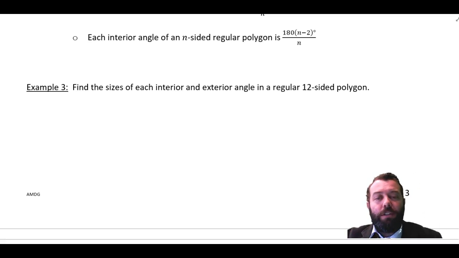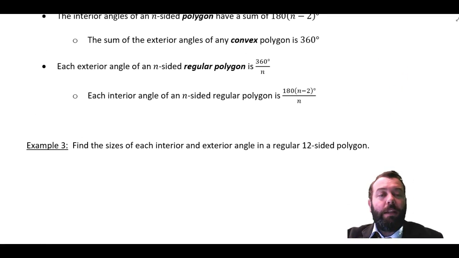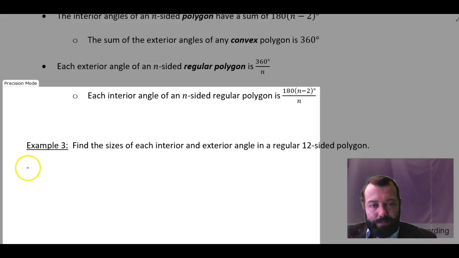Now, find the size of each interior and exterior angle of a regular 12-sided polygon. You'll see here there are some formulas. The exterior angle is fine because we just divide 360 by the number of sides. So, first part. Actually, I don't think I need an explanation here.